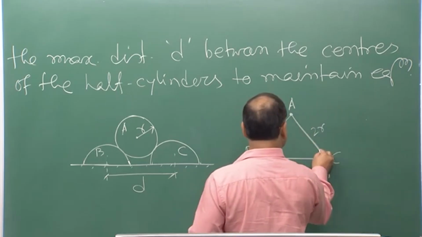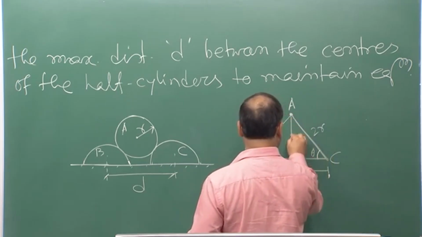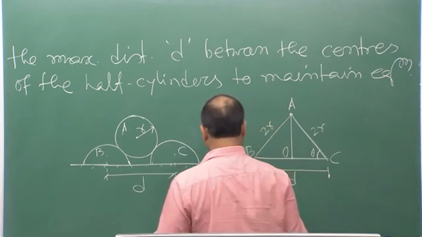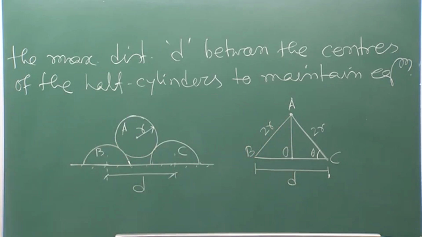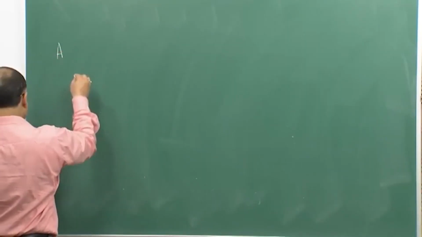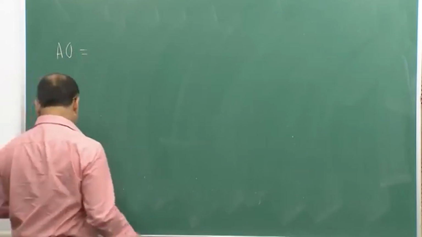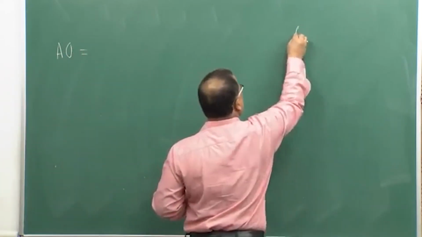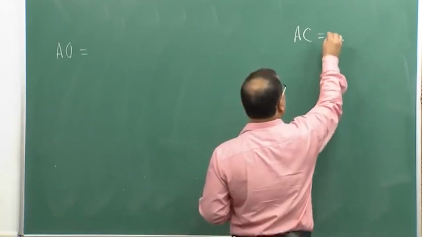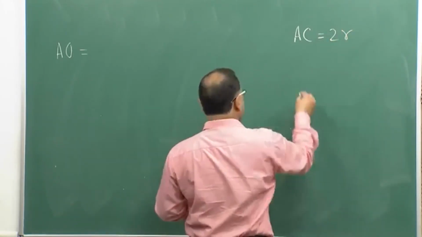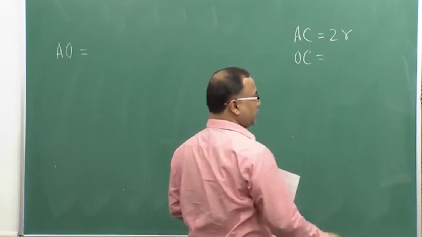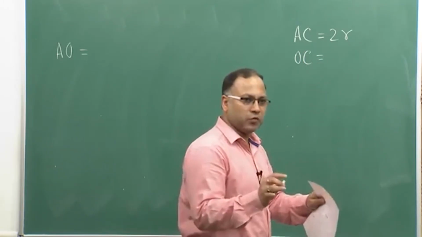If this angle is theta and this point is O, then AC is equal to twice r and OC is d by 2. This is coming from the geometry, nothing to do with the problem.